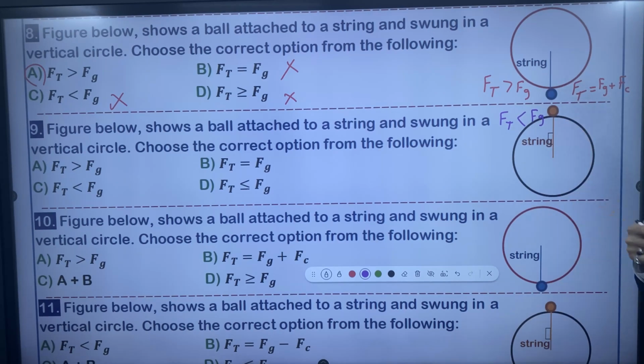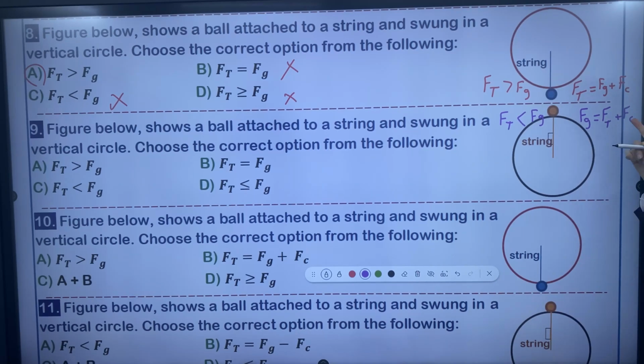I told you when we discussed the previous question that I'm going to add an equation for you. I say here at the top, Fg, the weight of the ball, is equal to the summation of Fc and Ft. So Fg is equal to Ft plus Fc. You see?